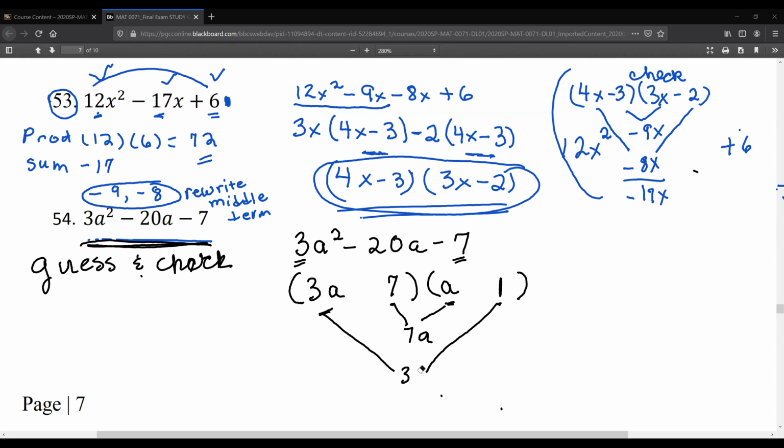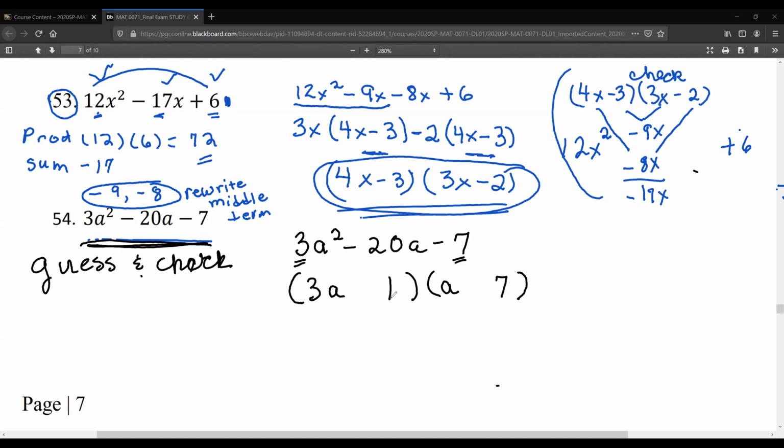Since we're guessing and checking, let's change the 7 and the 1, because the 3 and the a are standard. So now, let's put the 7 here and the 1 here.